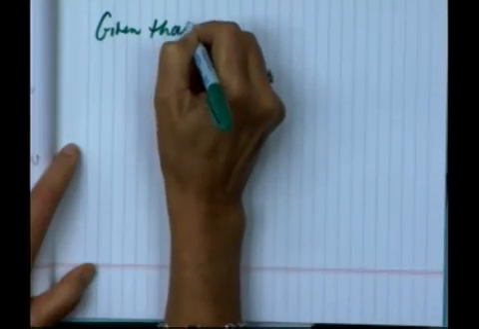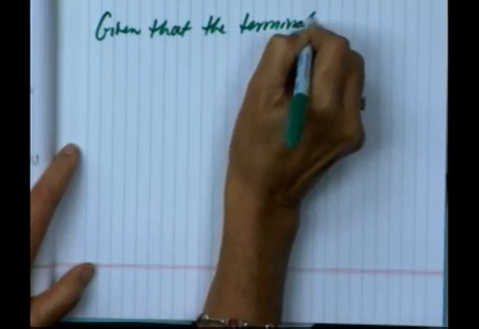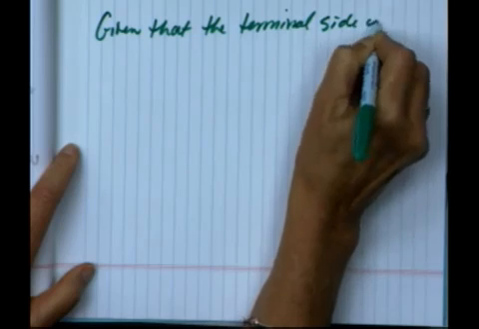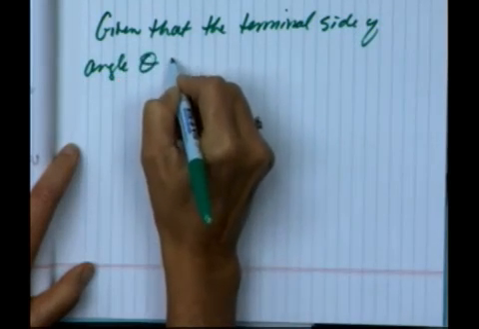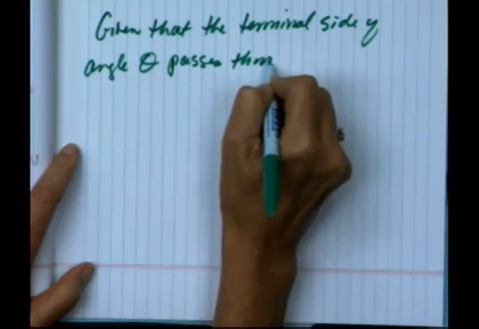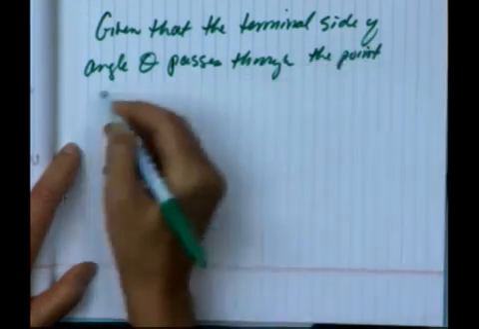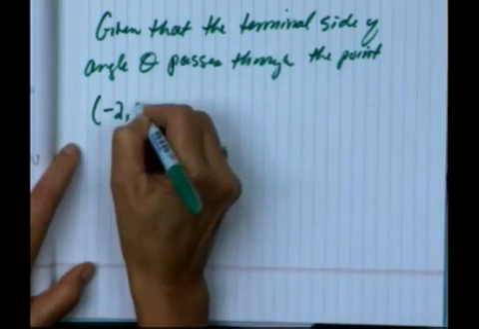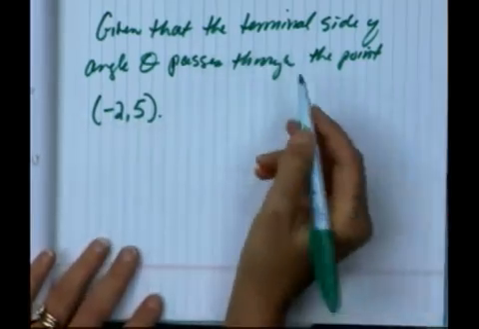Okay, given that the terminal side of angle theta passes through the point -2, 5. This angle is in standard position.